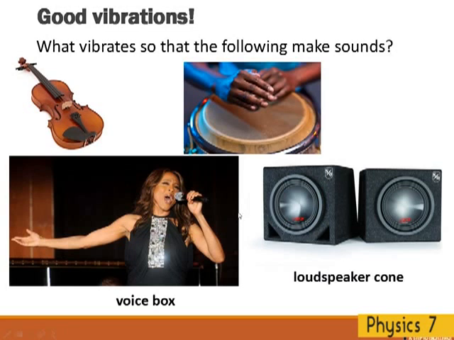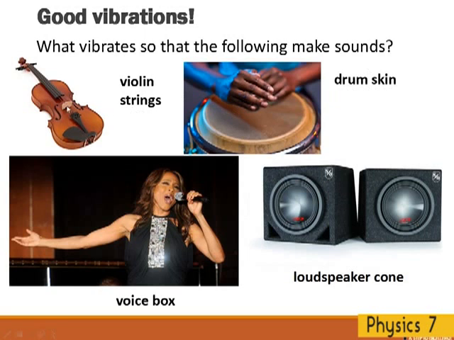In terms of these speakers, the reason why these speakers are able to make sound is due to the vibration of the loudspeaker cones inside of these speakers. And the reason why this drum is able to make its traditional sound is because of the vibration of the drum skin.